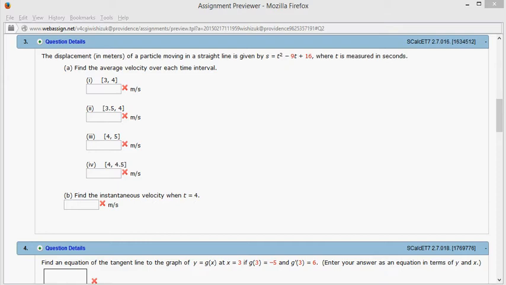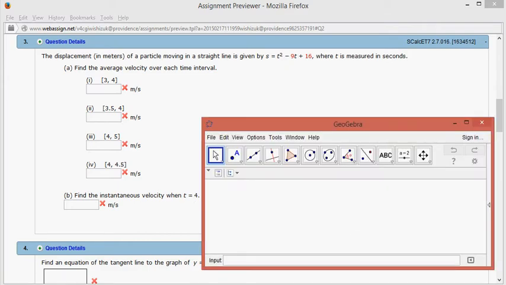So I'm going to just do that, and I'm going to actually cheat here. I'm going to just type in s of t is equal to t squared minus 9t plus 16. Right? So this is a function, and then plugged in.